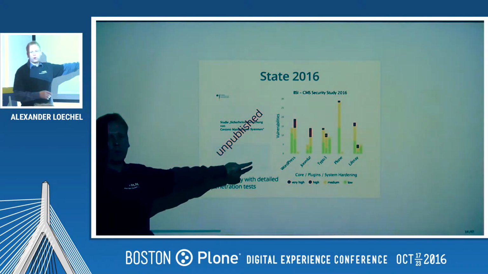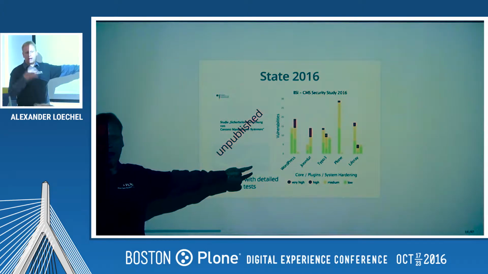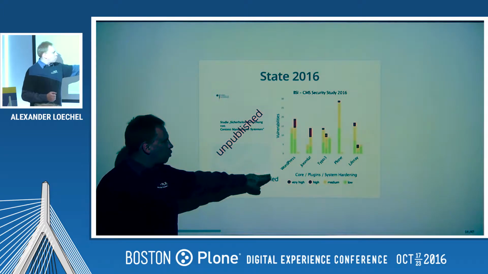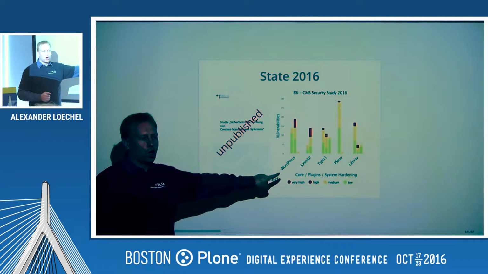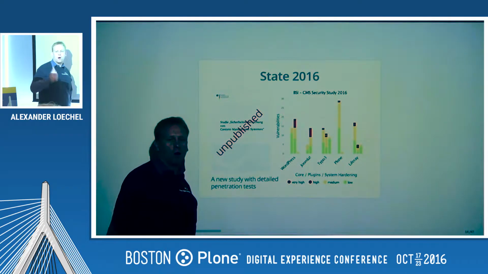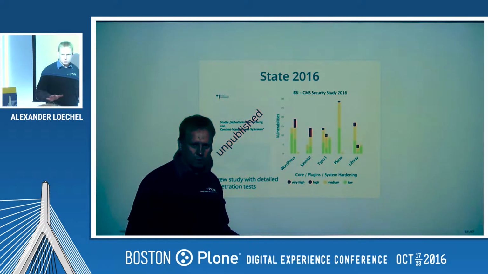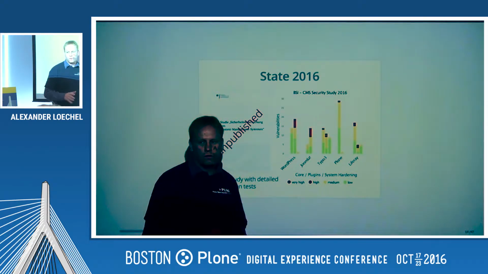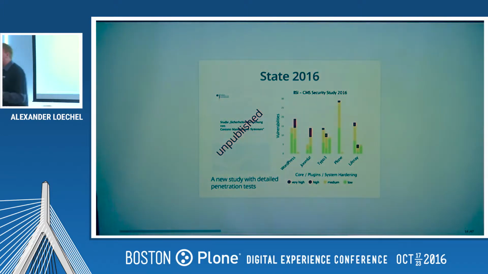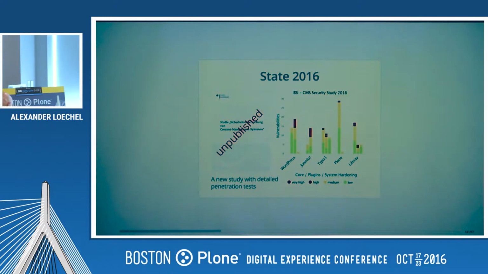The problem with comparing that is you compare apples to oranges. WordPress, Joomla, and Typo 3 were bug fix releases in a minor version that was compared. Plone 5.0 was the base for the report on Plone. So if you just look at raw numbers, it doesn't say something, and that's a problem.